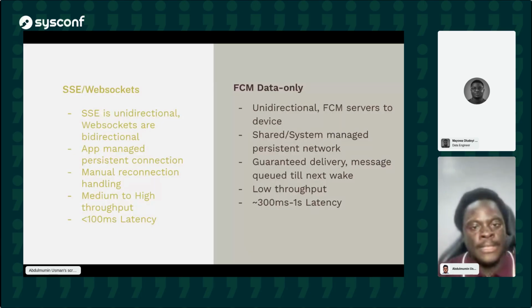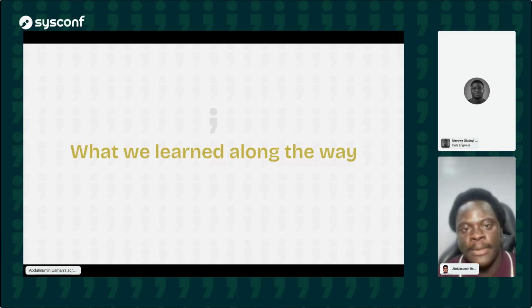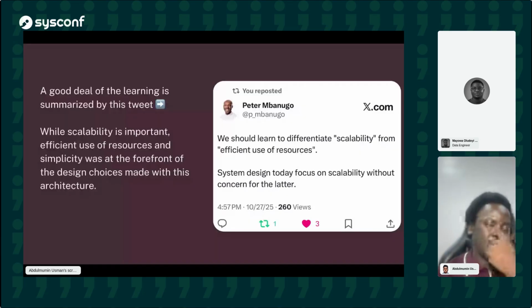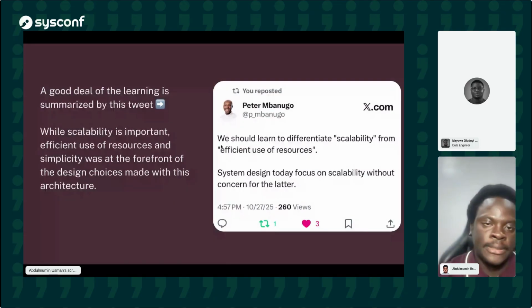So I'll quickly go to, I think we're at the end. A good deal of the learning around the decisions we made for this entire flow is actually summarized by this tweet.